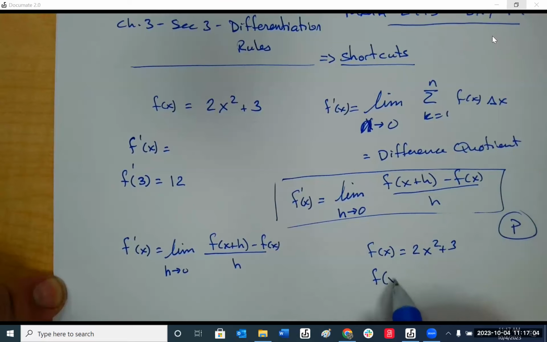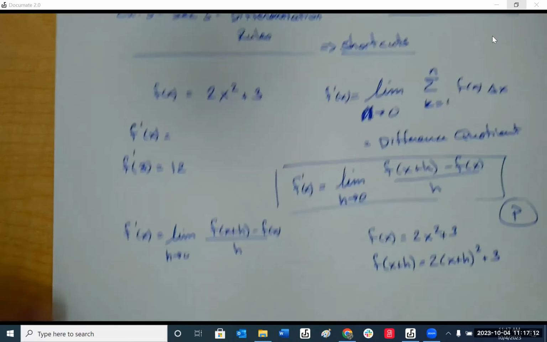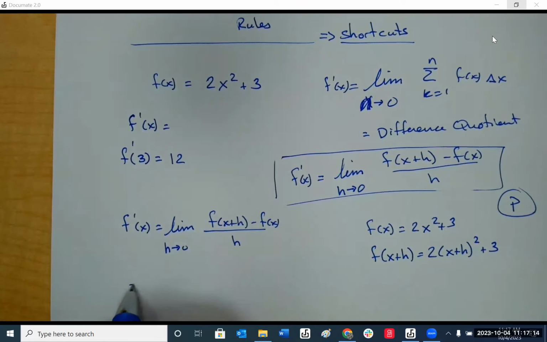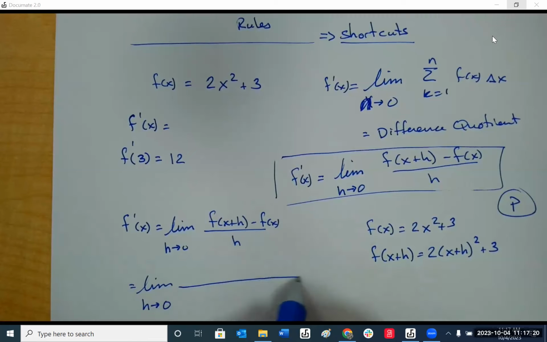We need f of x plus h: 2 times (x plus h) squared plus 3 minus (2x squared plus 3).